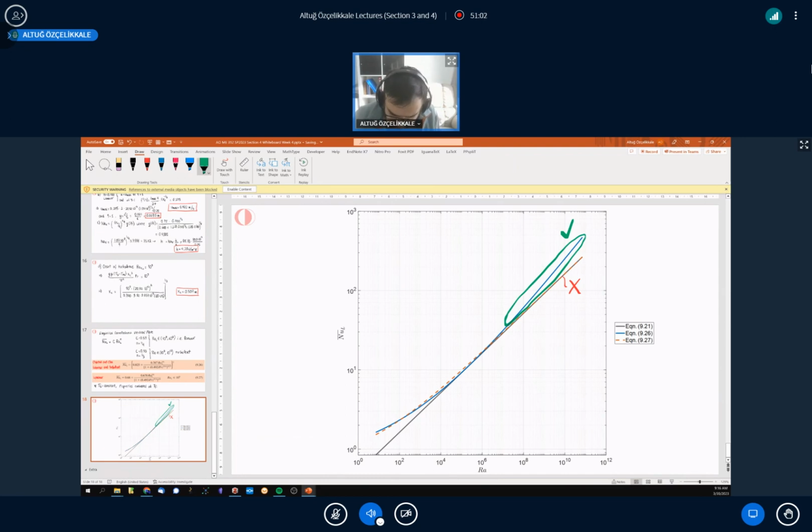In the mid-range Rayleigh numbers, the correlations are providing comparable results. And notice that over here, this similarity solution is looking like that. However, when you do experiments, you obtain something different.